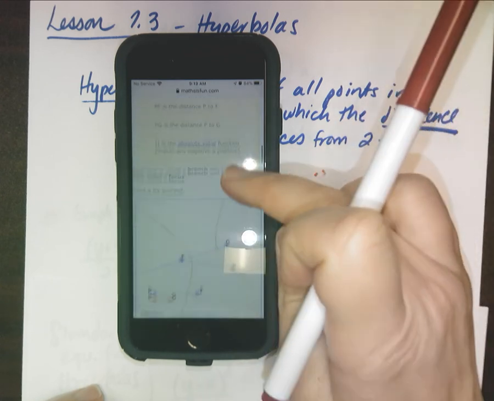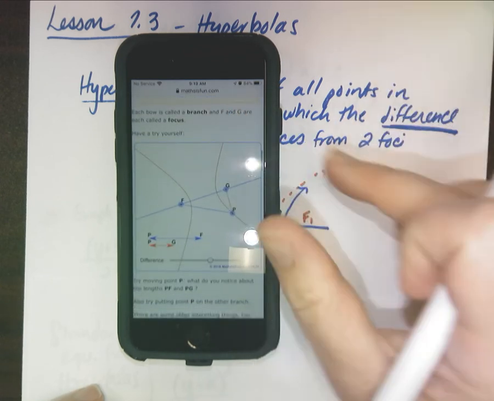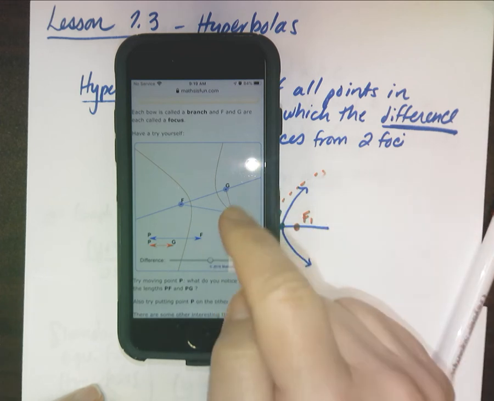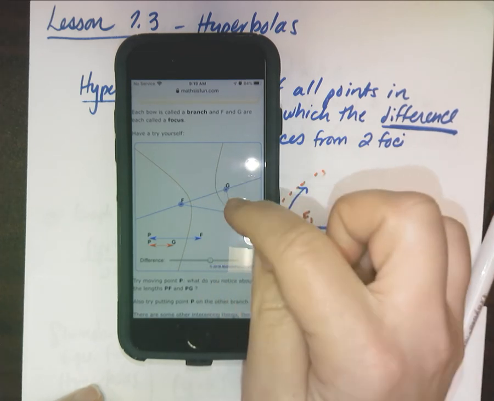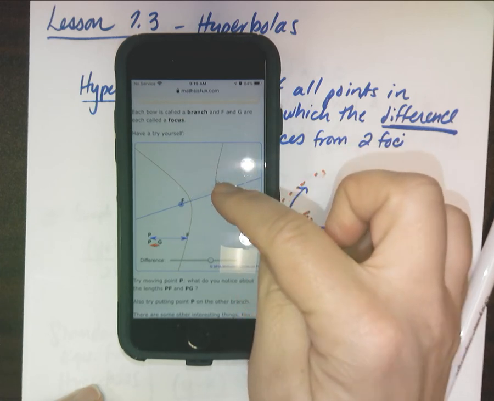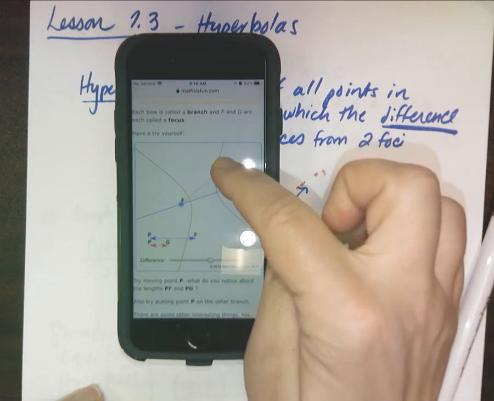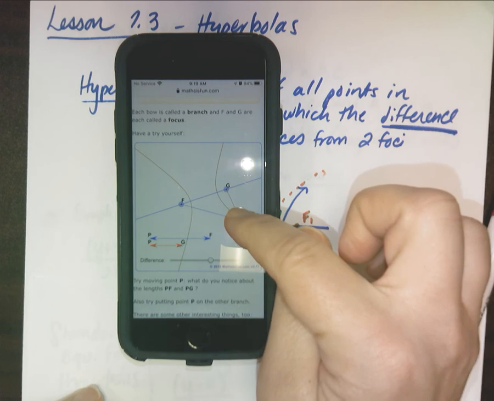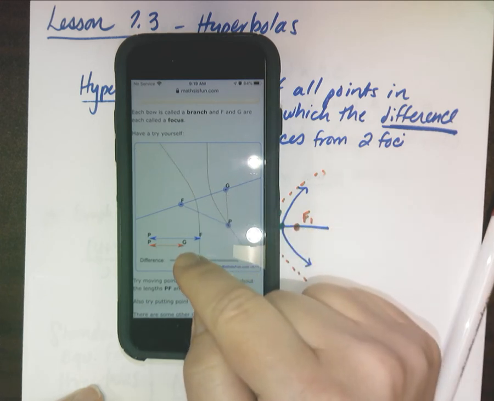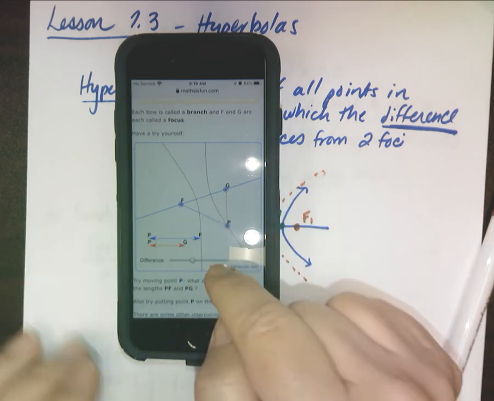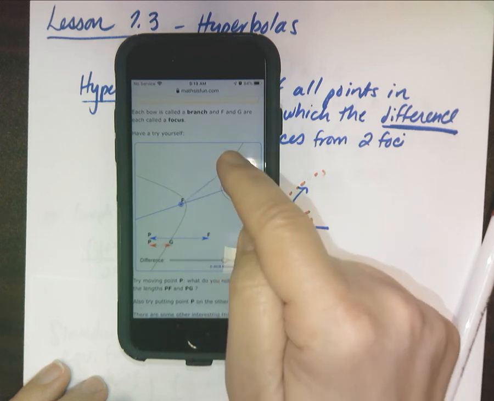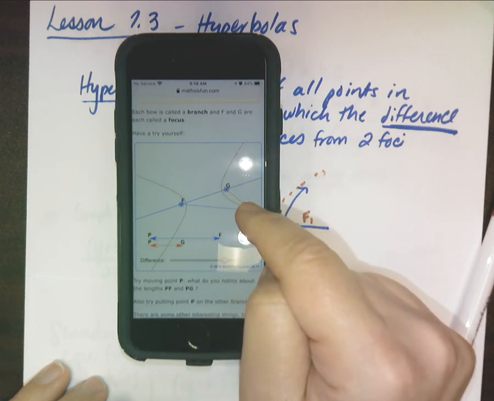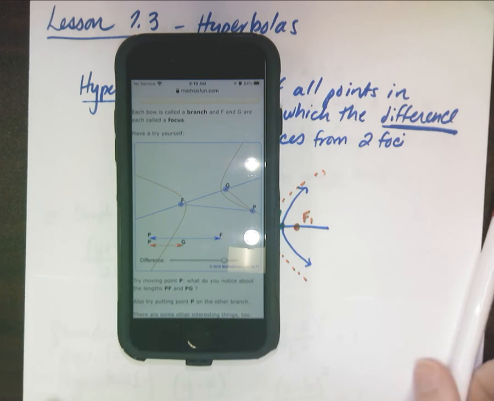And there are some cool applets you can look at, and you can just start moving point P. And you can see their differences is constant. You can change it, make it a little bit wider of a hyperbola, make it a little bit tighter, and watch as you move around the hyperbola.